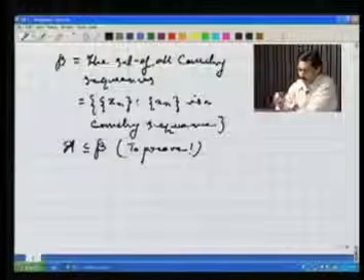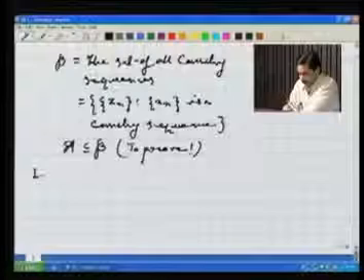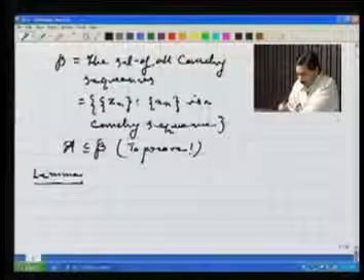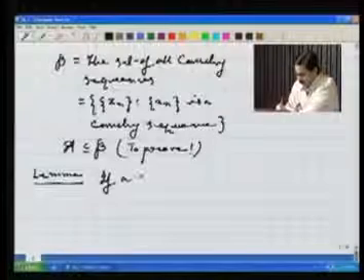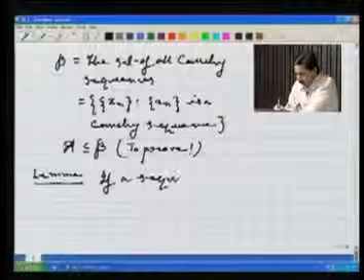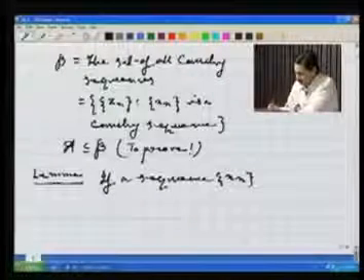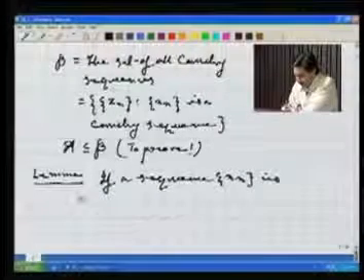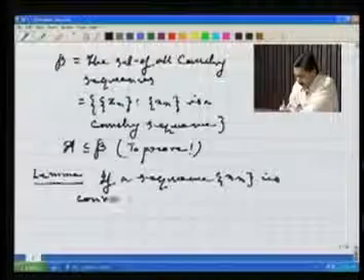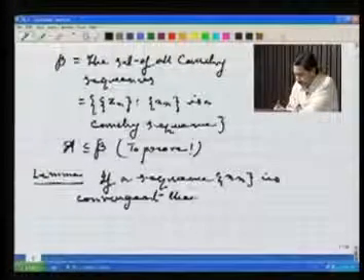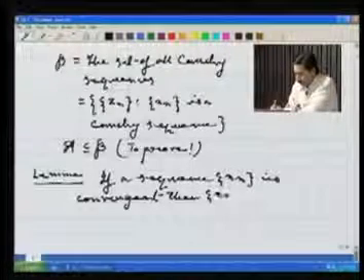So I state this as a little lemma. If a sequence xn is convergent, then xn is Cauchy.